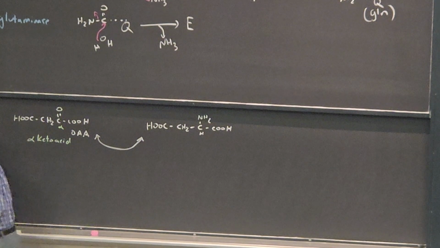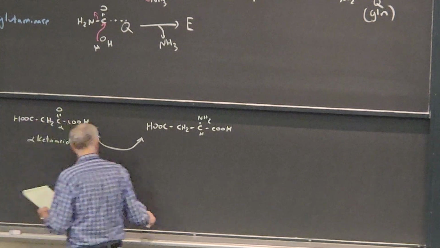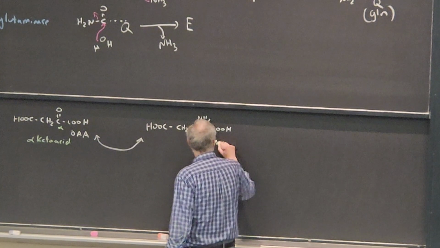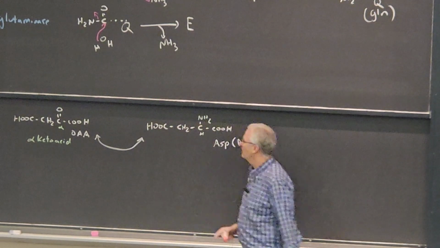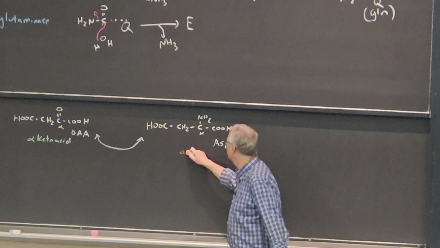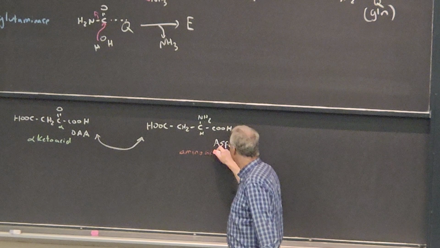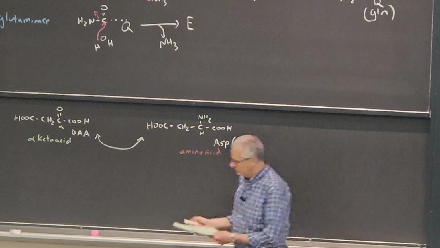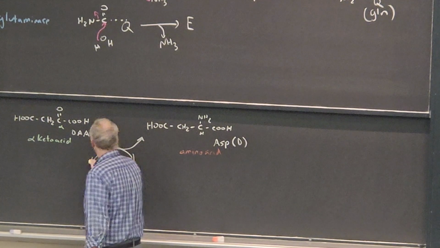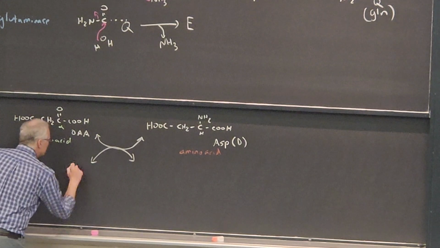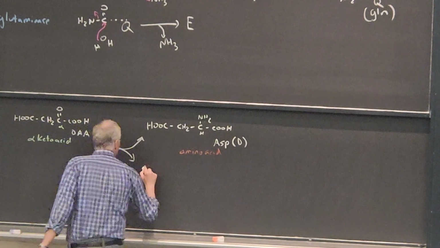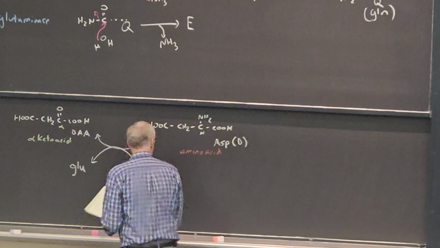Here is the amino acid aspartate. Okay. So if I do just like you saw in the malate aspartate shuttle, start here with glutamate and make an alpha ketoglutarate.